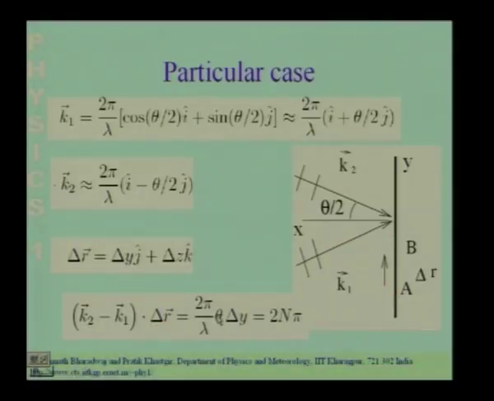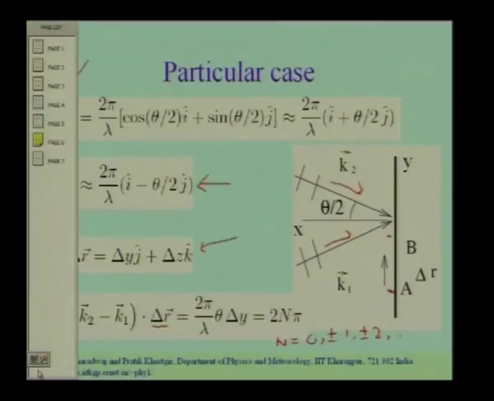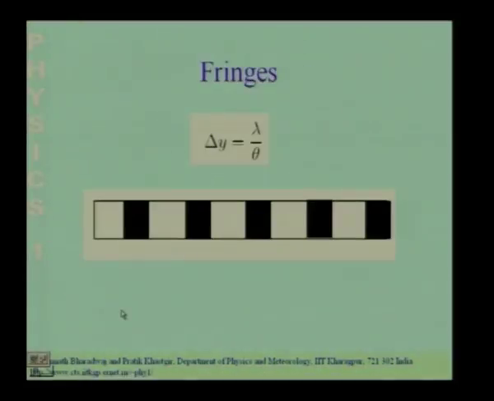So, what we see is that you will have maximas in the y direction. The first point is that the phase changes only when you move along the y direction, and you will have maximas at an equal interval in the y direction, and the spacing between the maximas is lambda by theta.